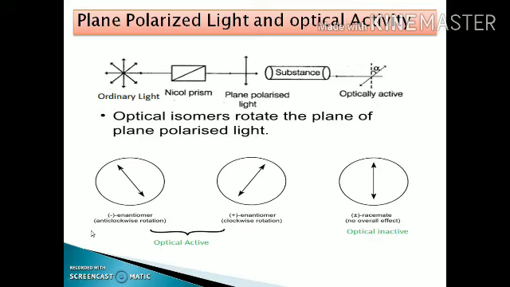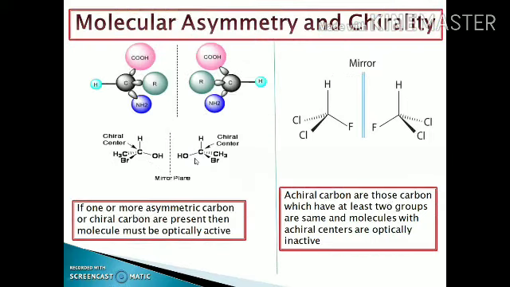To find the optical activity of a substance, we look at asymmetry and chirality. Let us understand what asymmetry and chirality are. Asymmetry means a compound which does not have any kind of symmetry and has non-superimposable mirror images.